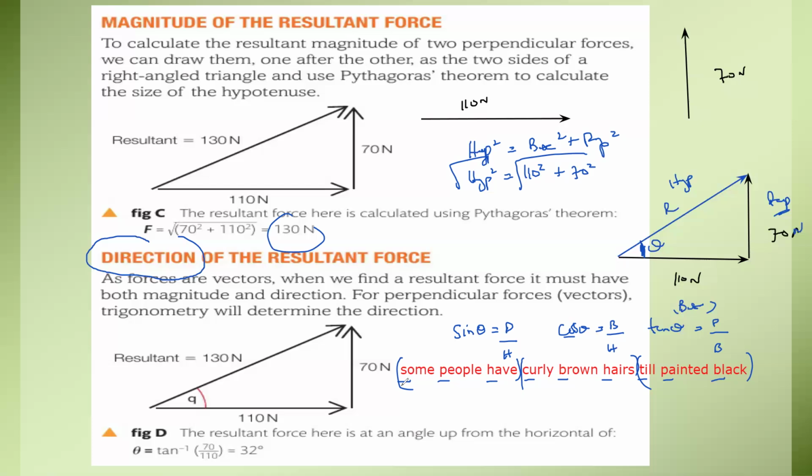That's why throughout the session, instead of adjacent and opposite, you will find me using base and perpendicular. So we can work out the angle using the trigonometric ratio, depending on whether we have perpendicular and base or adjacent and opposite. Any one which you remember, you can use. There's no deduction of marks.